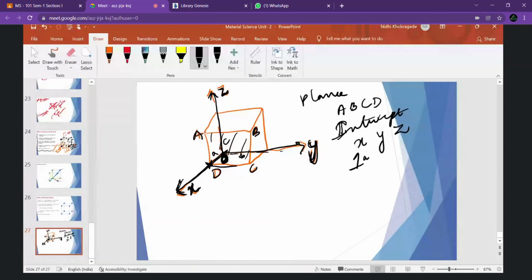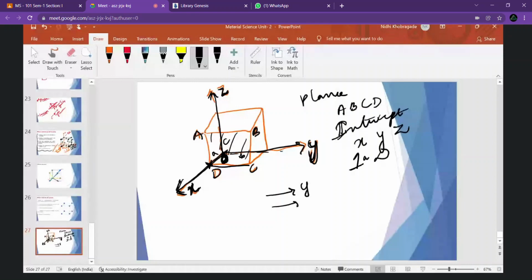This is parallel to the given axis. If the axis is parallel with the particular plane, then the value of the intercept will be infinity, because here you can see this is parallel in the y direction and this side is also parallel. So these two parallel lines will meet at some infinite position.